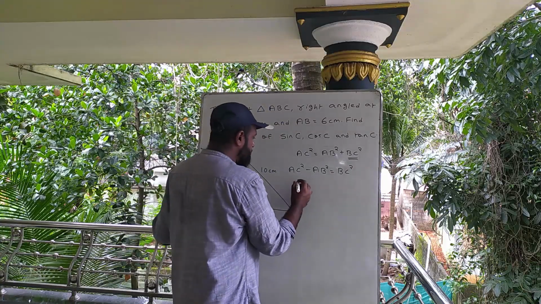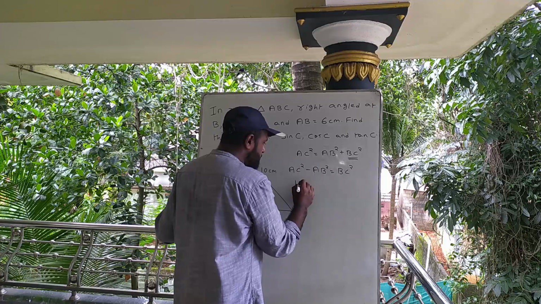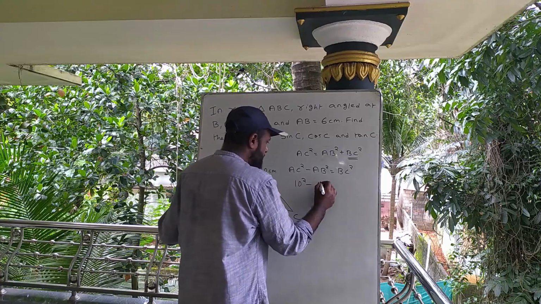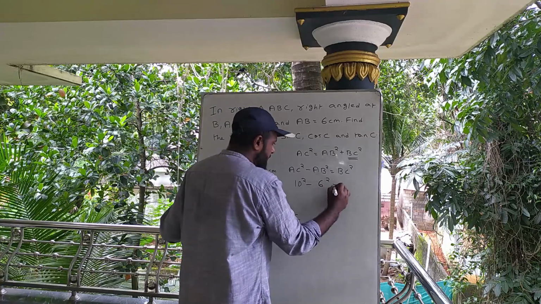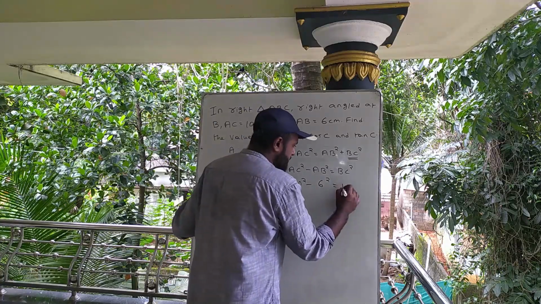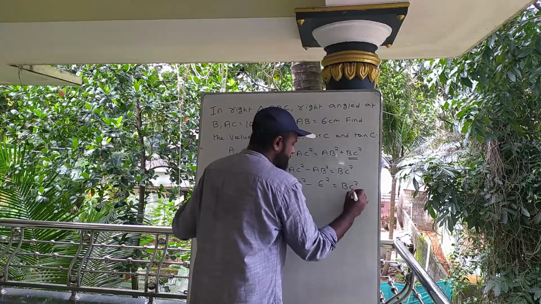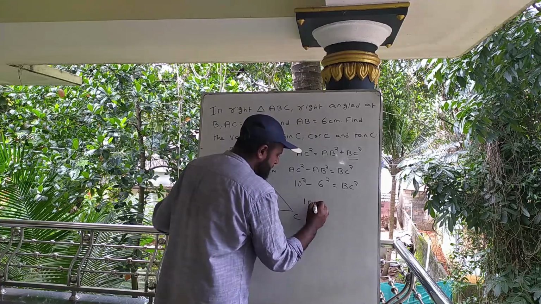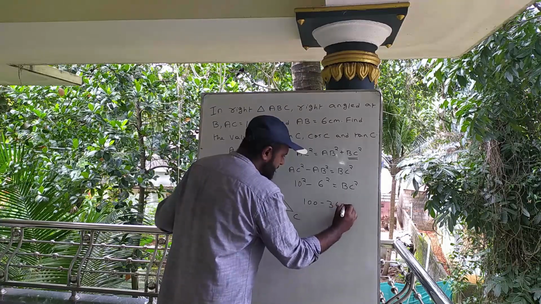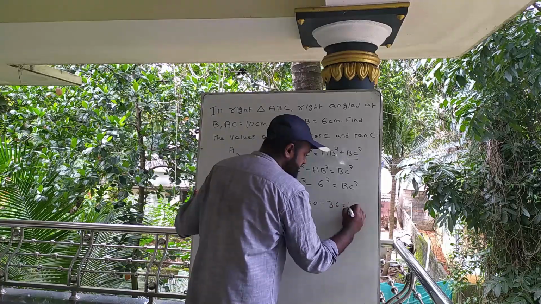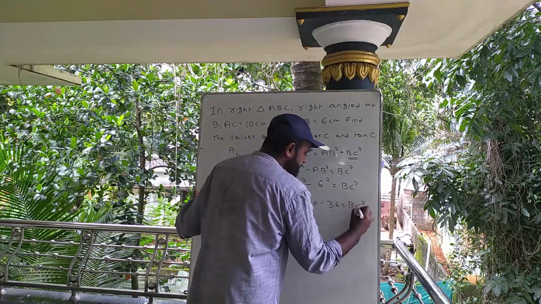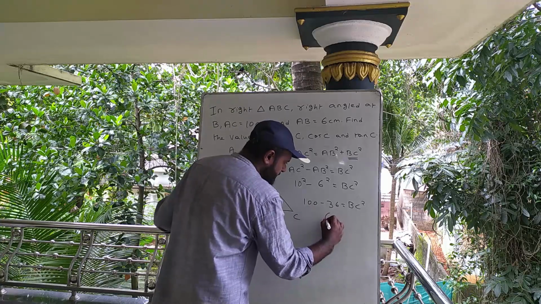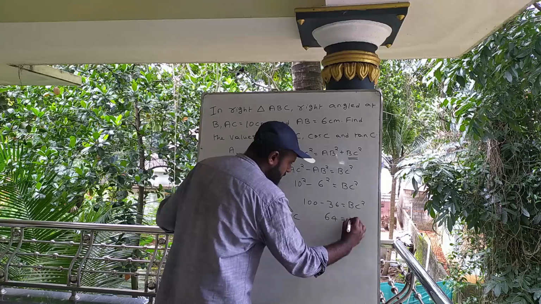Here AC equal to 10, so 10 square minus AB equal to 6, 6 square equal to BC square. 10 square means 100 minus 36 equal to BC square. 100 minus 36 equal to 64, 64 equal to BC square.